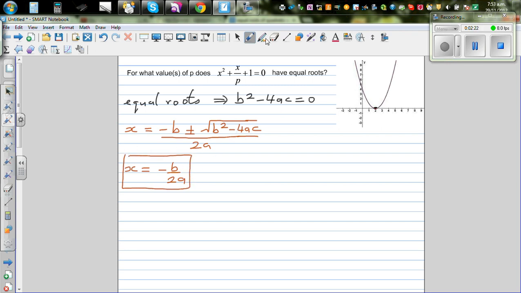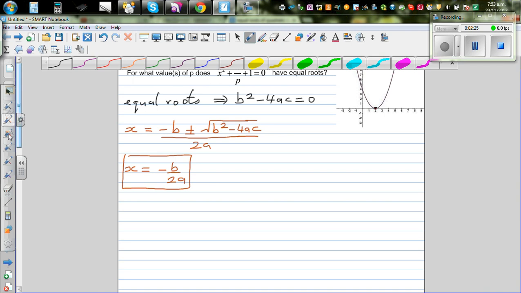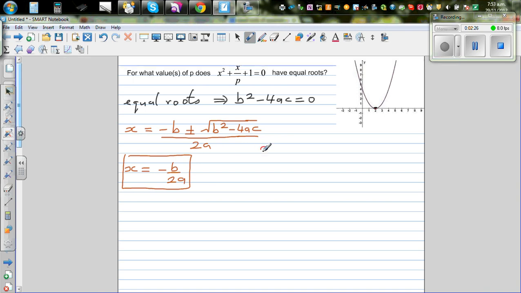Now we have to find what a, b, and c are. Our a is 1, b is 1 over p, and c is equal to 1.